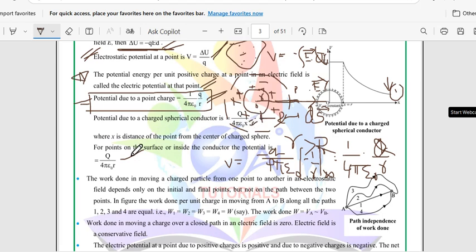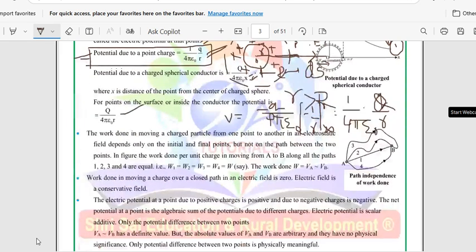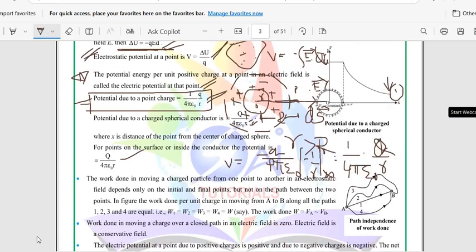For a point on the surface or inside the conductor, the potential will be Q divided by 4 pi epsilon naught into R, where R is the distance from point O to that point. Okay, this is the expression for potential energy per unit positive charge at a point in an electric field. This is the electric potential due to a spherical conductor.